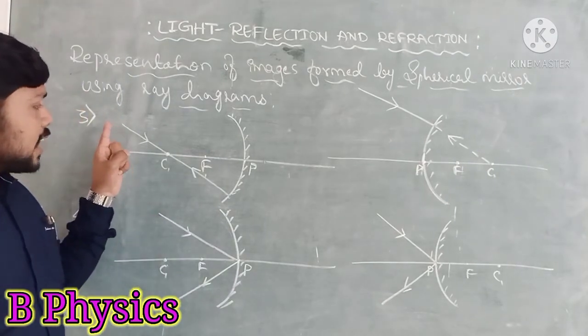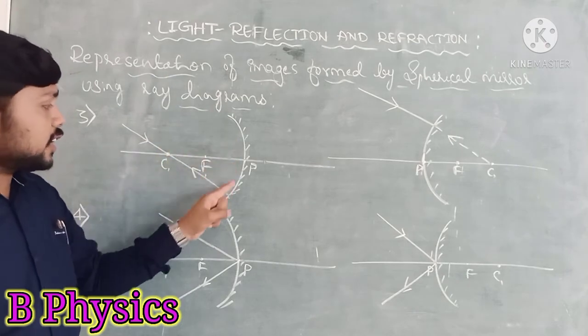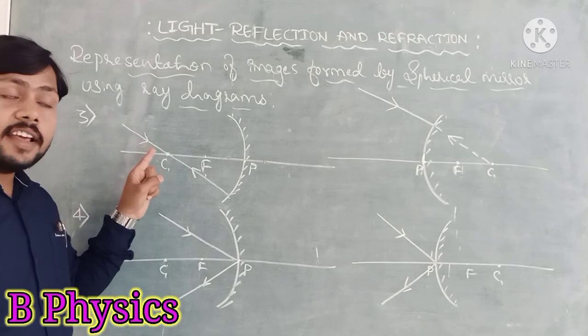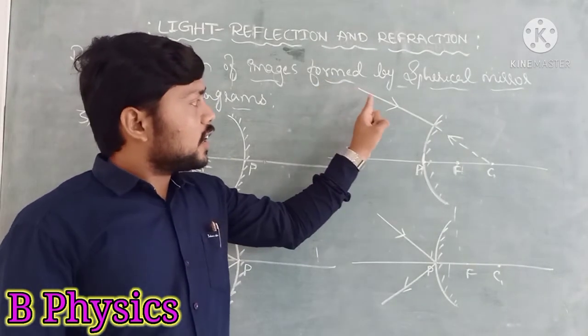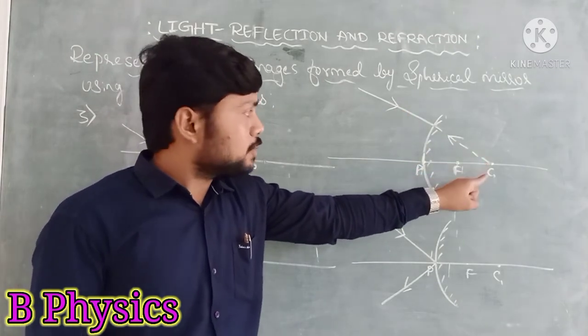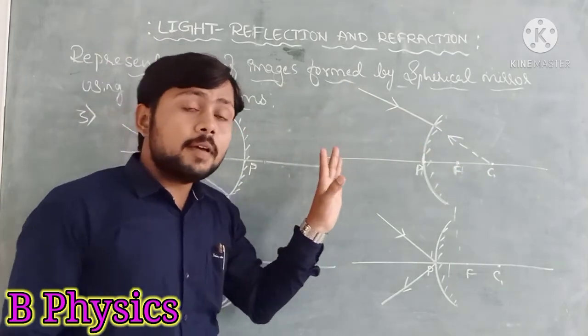The third rule says that when a ray of light passes through center of curvature of concave mirror, after reflection it goes along the same path. Similarly, in case of convex mirror, when a ray of light is directed towards center of curvature of convex mirror, after reflection it goes along the same path.